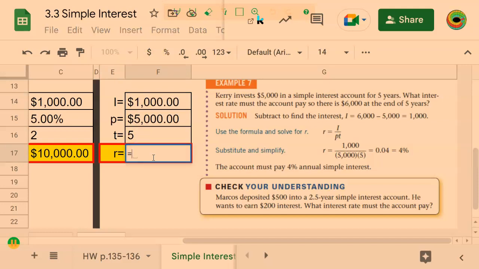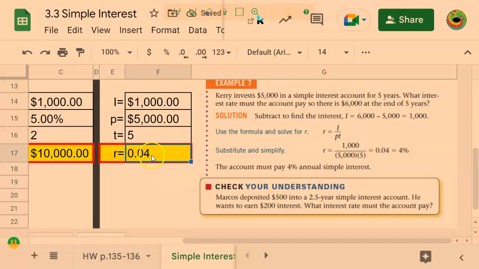So calculate, just like the previous two: interest divided by parentheses, and multiply P times T, the second and third rows. So this time we have equals F14 / (F15 * F16).